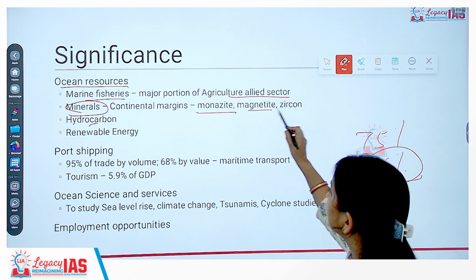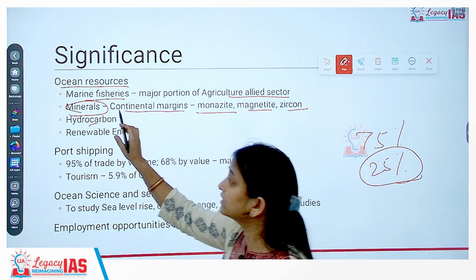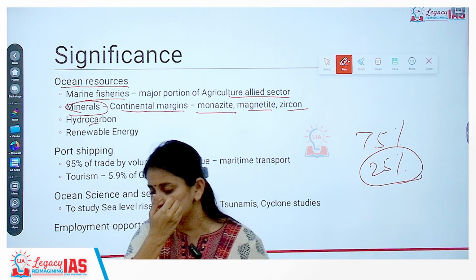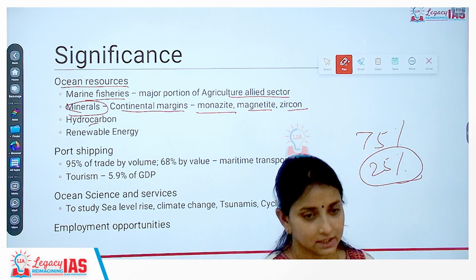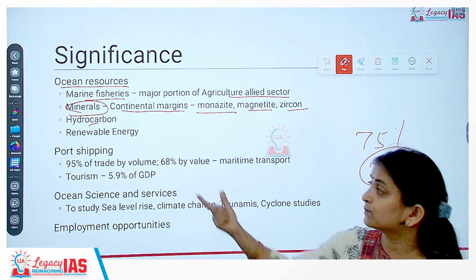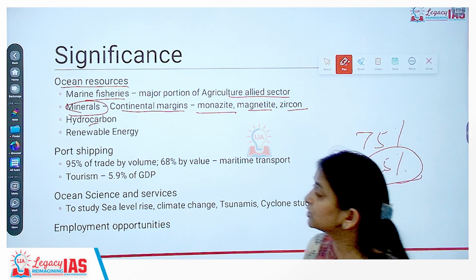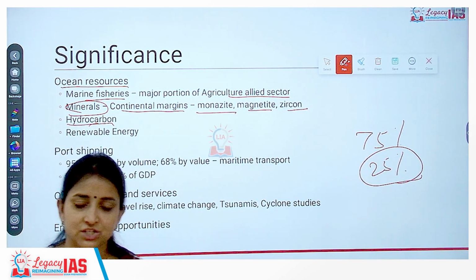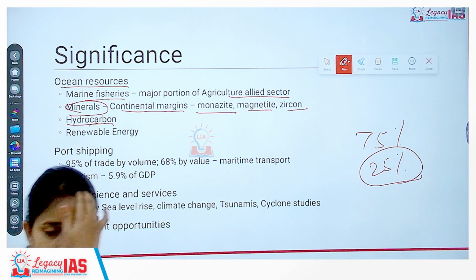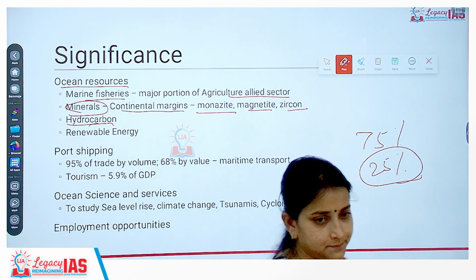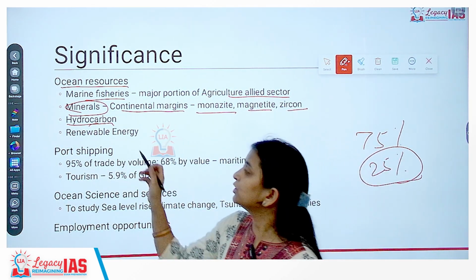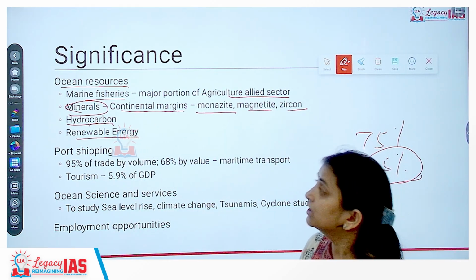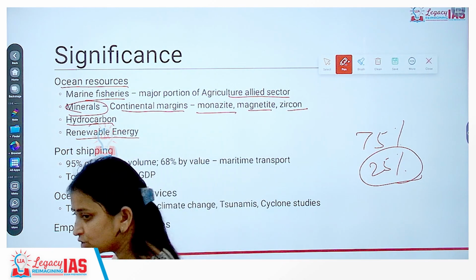We do have magnetite and zircon in the continental margins. So, ocean itself acts as a resource builder for marine fisheries resources as well as minerals. Plus, it is also the source of generation of hydrocarbon. So, oil extraction, natural gas extraction is also carried out in the continental shelf areas. Plus, renewable energy can also be generated along these lines. So, this is the significance in terms of the resources that we get.